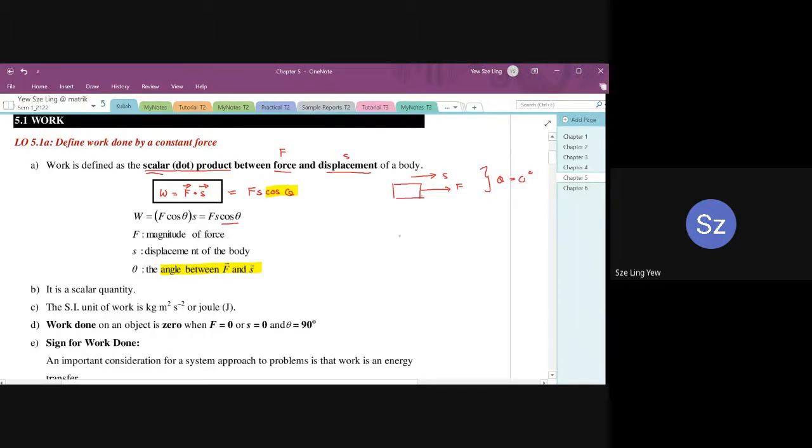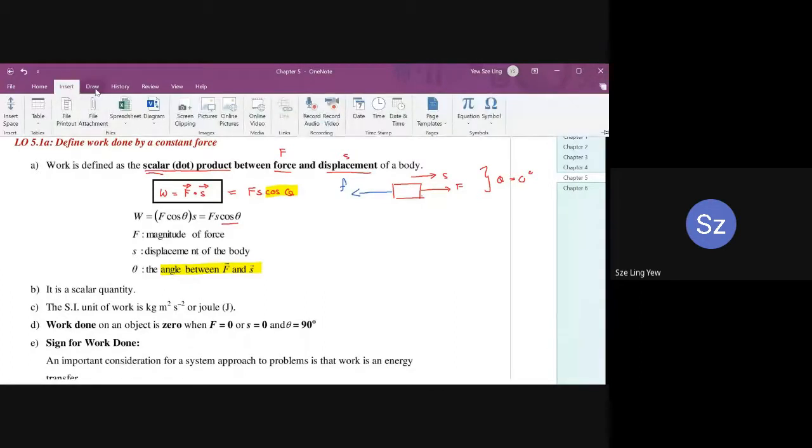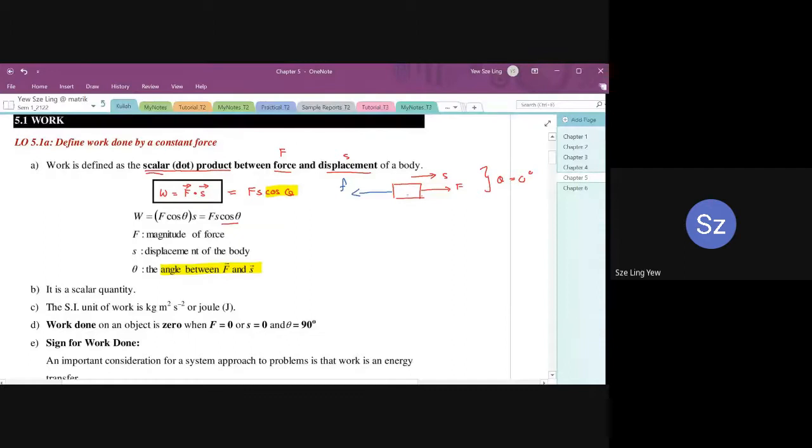Sometimes when you pull an object to the right-hand side, the object will experience frictional force at the same time. So you can have two types of work done. The first is the total work done acting on the object. The second is the work done by the force component. You can calculate one by one for each of them.